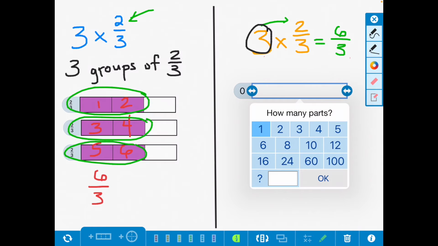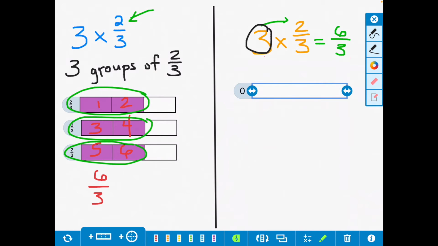Well, if I wanted it to be a whole, I could just leave it the way it is. And if I left it the way it is right now, this is one part. Do you see it? It's one big box. It's one part. So if I wanted to have 3 wholes, I would have this, all right?